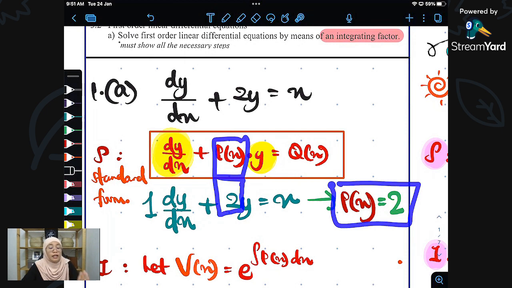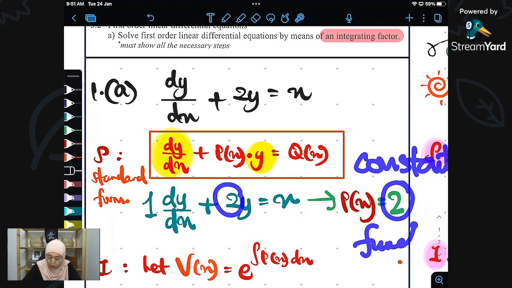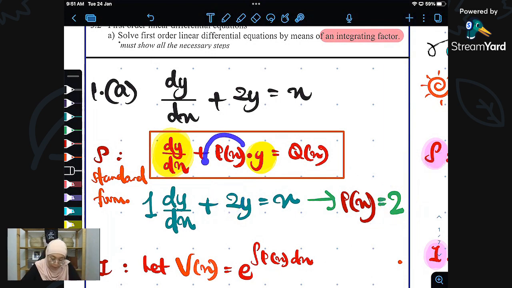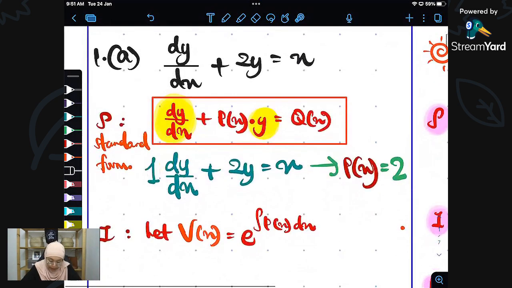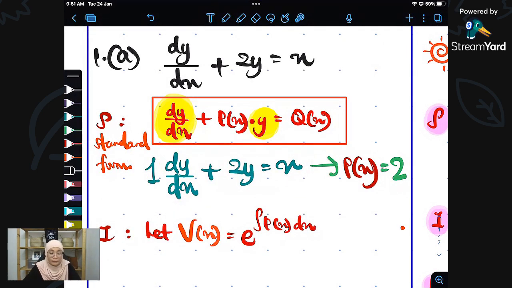P is actually a function. Coincidentally, this function is a constant function. Although its value is only 2, it is a constant function, because p means p function. It could be any other function as well. So in this case, we already have a nice standard form.